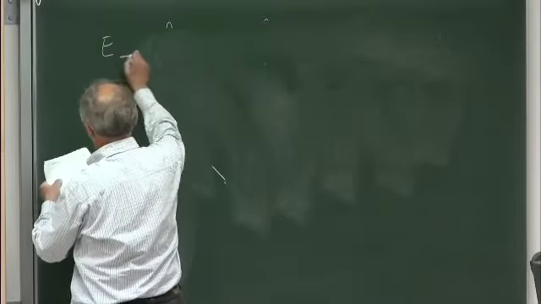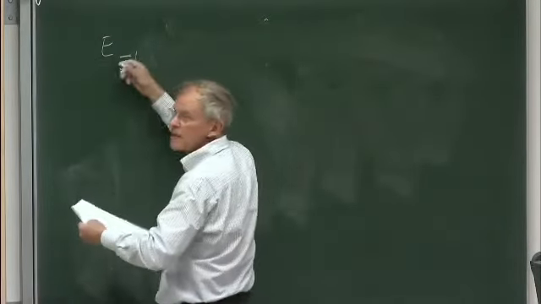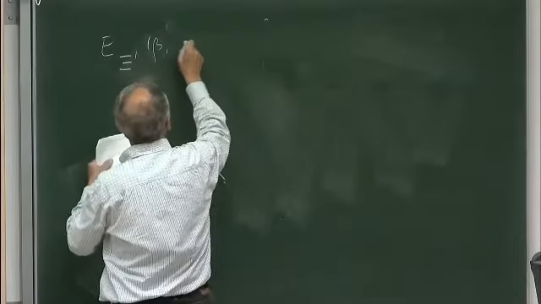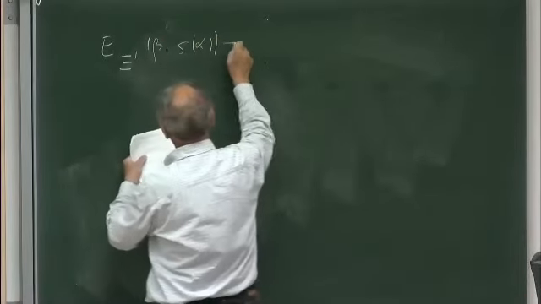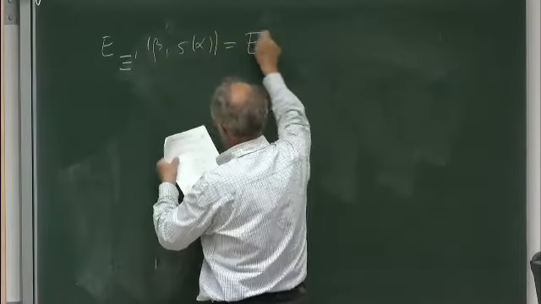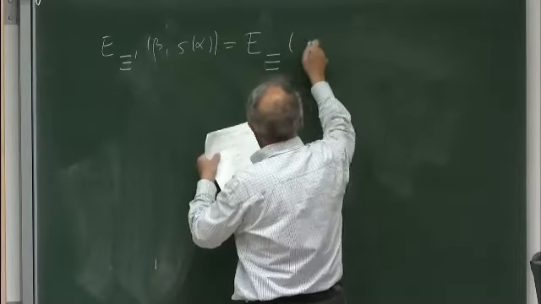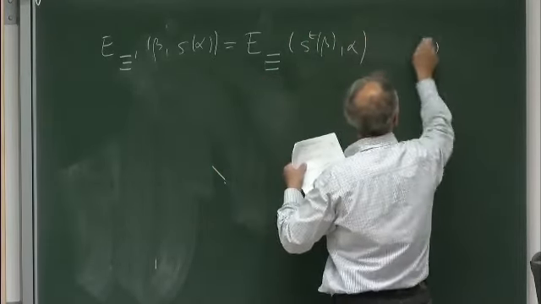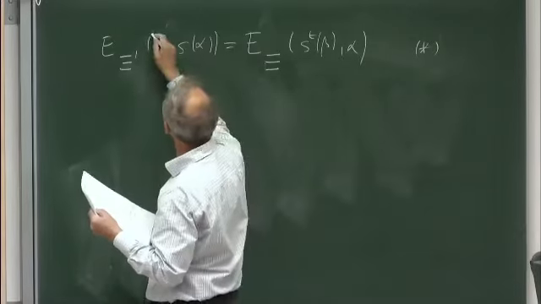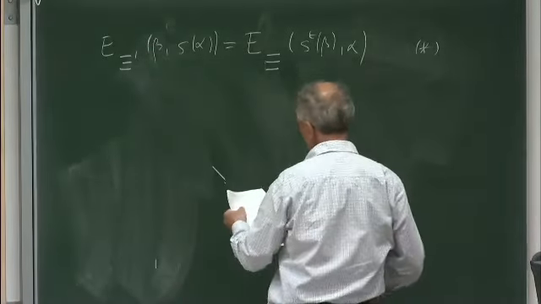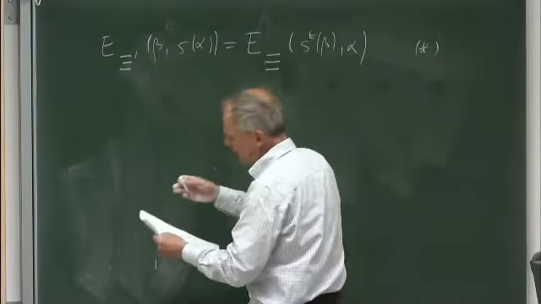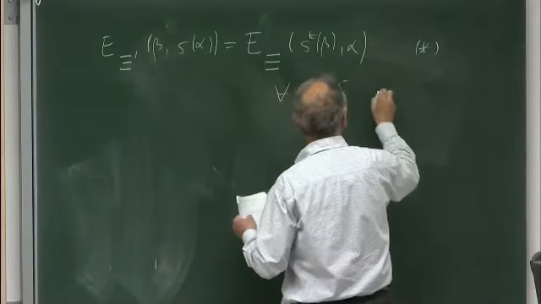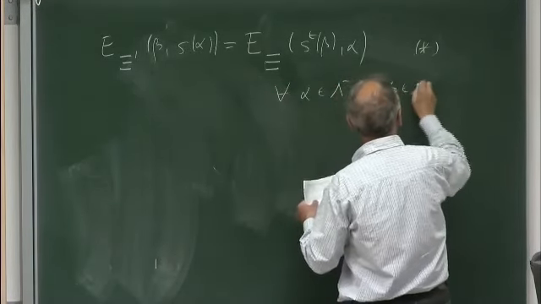E corresponding to xi prime, this is just the half of the canonical one, so E xi prime of beta, S of alpha is equal to E xi of S transpose of beta, alpha. Call this star. This holds for all alpha in lambda minus and all beta in pi minus.